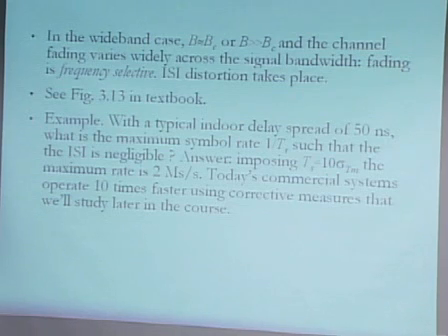But the point of this exercise is to show that indeed you need to do something about this, or otherwise you're constrained to using very low speeds. Exactly. So for example, GSM phones, most of you have those phones, I think, use equalizers to correct for this problem. Okay.